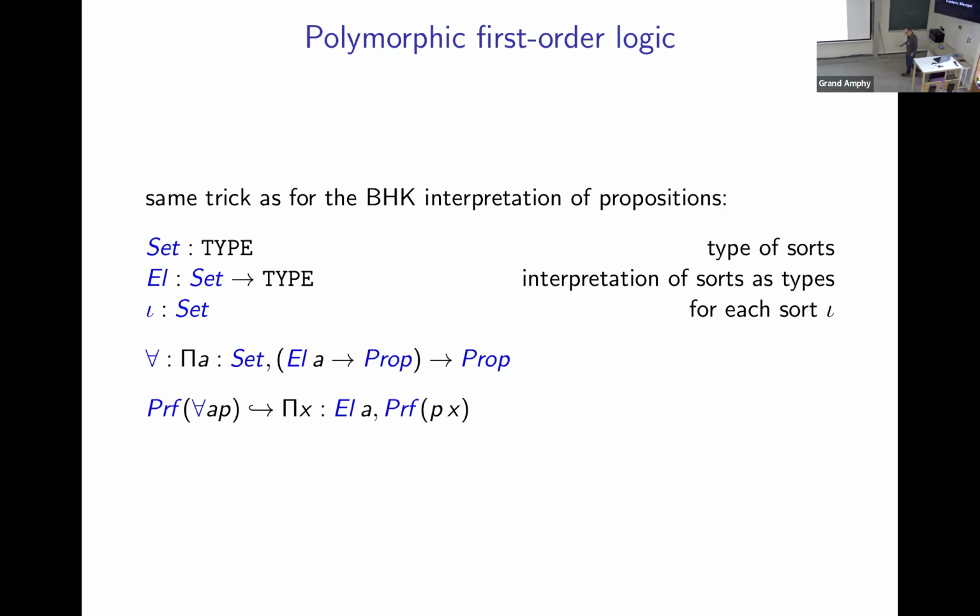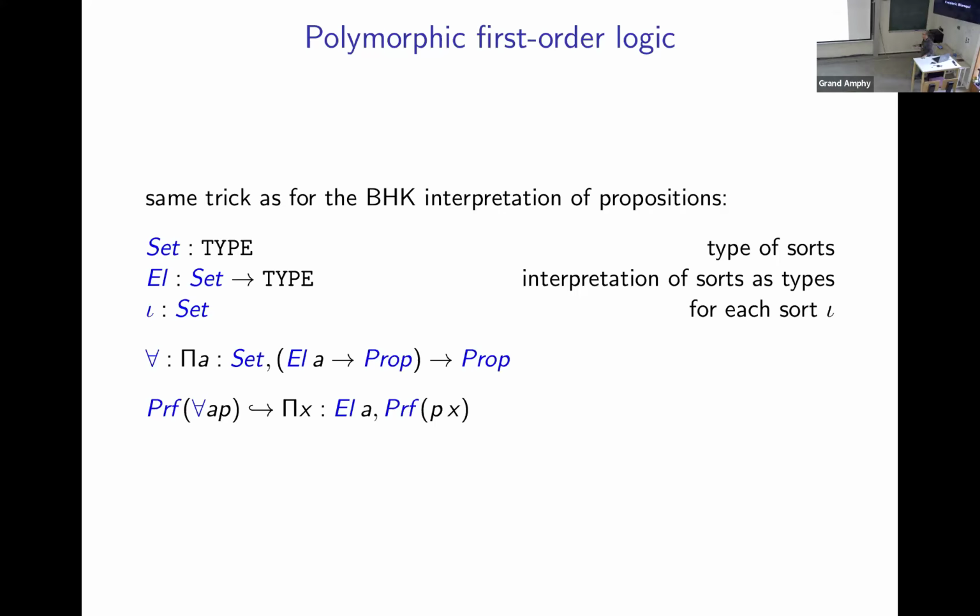So, for instance, if you have some code for natural numbers or for real numbers, then you would interpret this code as the actual type of natural numbers and real numbers.